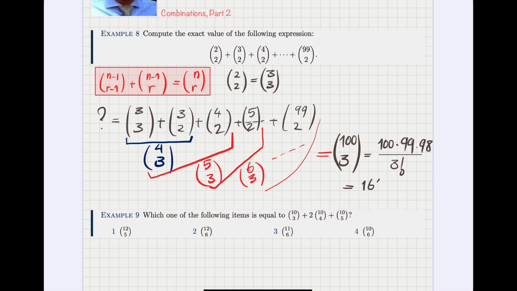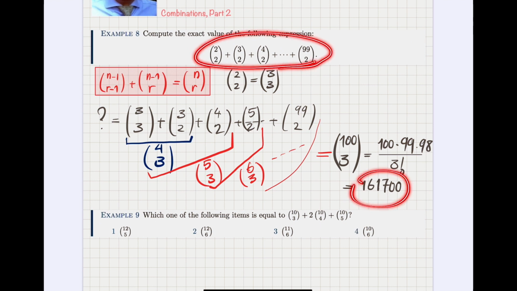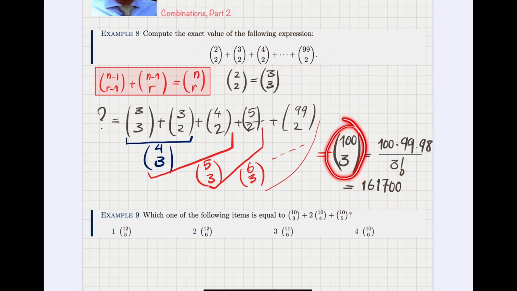You see, even if you are not supposed to calculate, you were able to combine all these terms into just one single combinatorial number. That is actually a powerful identity when it comes to combinatorics.